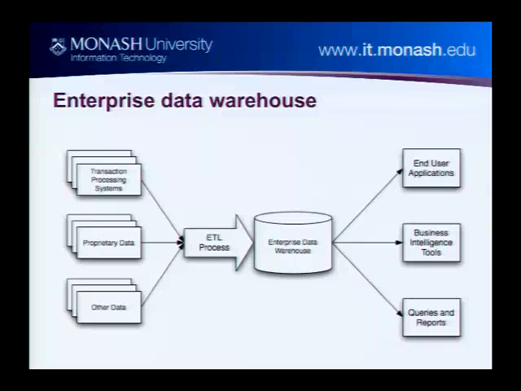But each user of each of these different tools may have very different decision-making requirements, and similarly, those requirements may evolve at different speeds and in different ways to each other. So if you've got these tools here evolving in different kinds of ways, that places all sorts of pressures on the enterprise data warehouse.